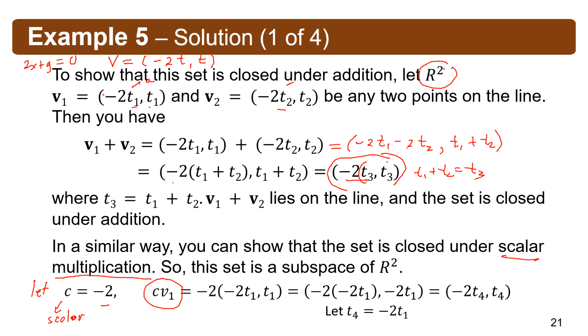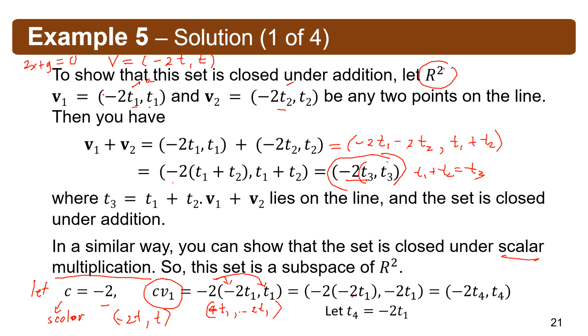So if I multiply, what will happen now? This will become positive 4t sub 1 and minus 2t sub 1. So does it look like negative 2t and t? You can rearrange, or we can factor out. I multiply it here, but I retain the negative 2 t sub 1, and then multiply it here, negative 2 t sub 1.